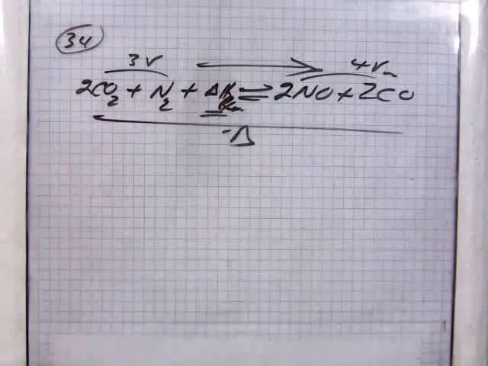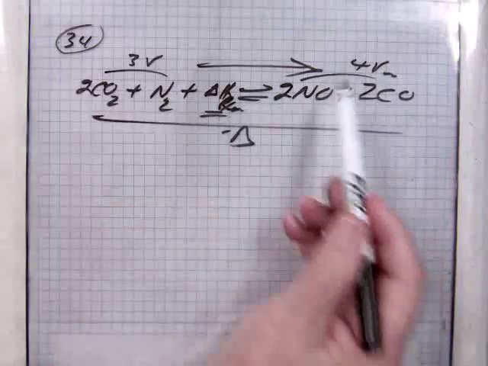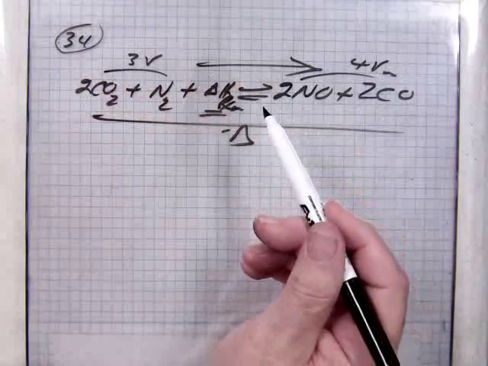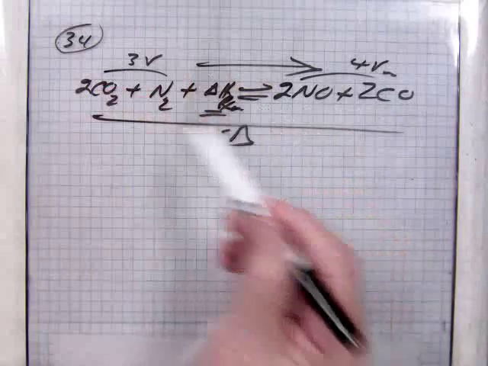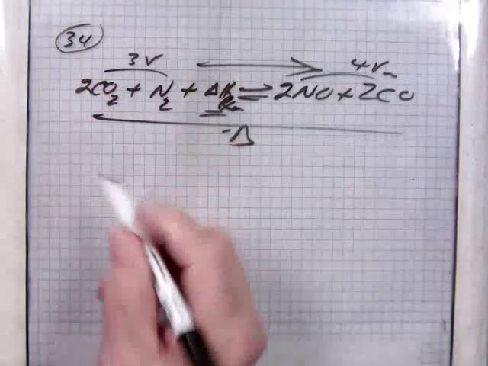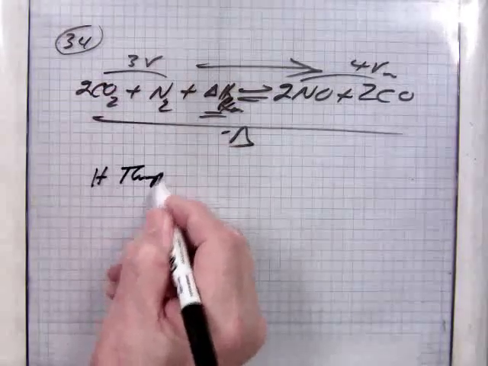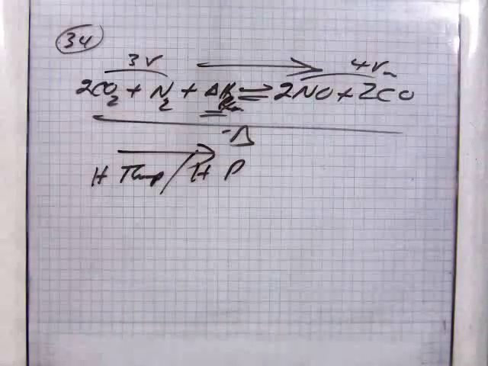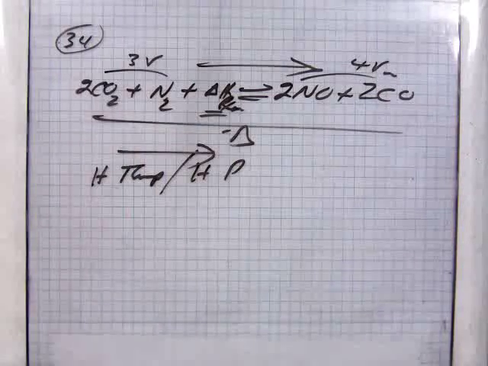High temperature and high pressure, going from 3 to 4, shifts it to the right. So you have to make these kind of decisions based on what I taught you today on pressures. Oh yeah, and something like 35, 36, 37, those kind of things.